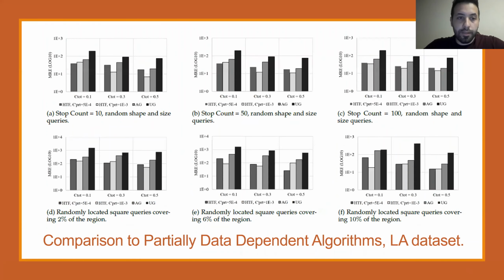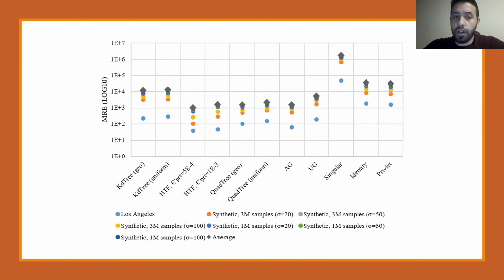I would like to go through our last graph, in which we have all the algorithms together, evaluated on both synthetic data sets as well as a data set taken from Los Angeles. On the x-axis you can see the different algorithms, and on the y-axis we have the mean relative error in log scale.